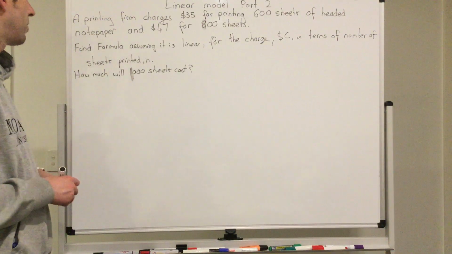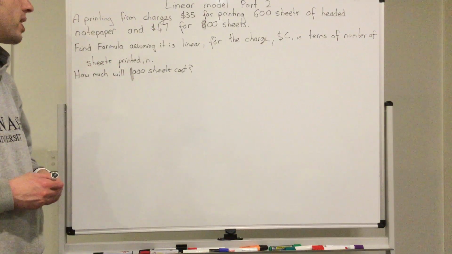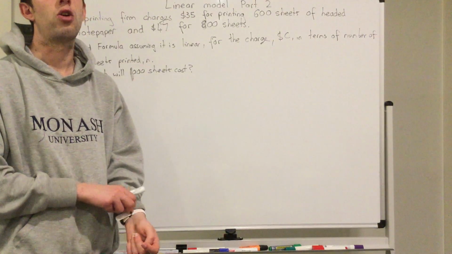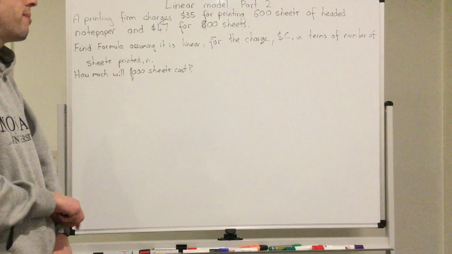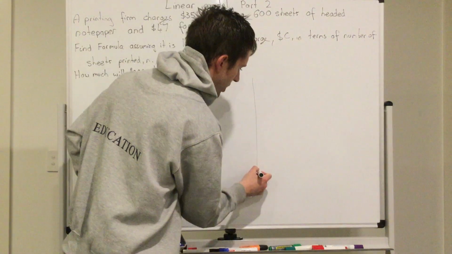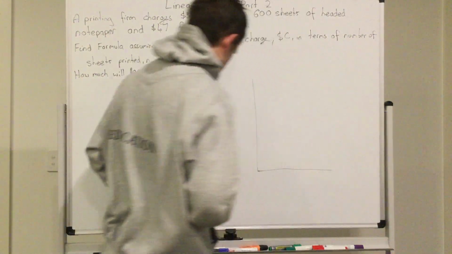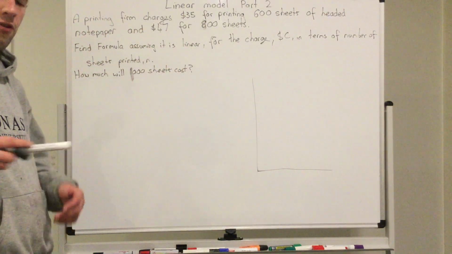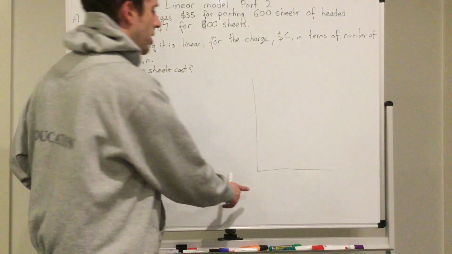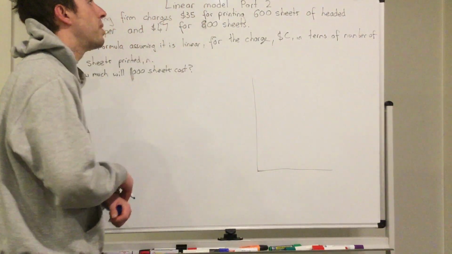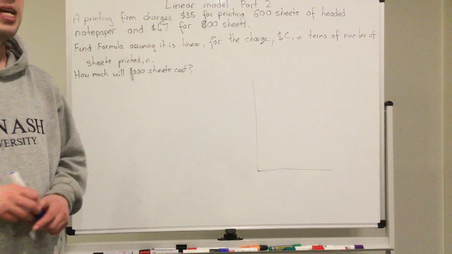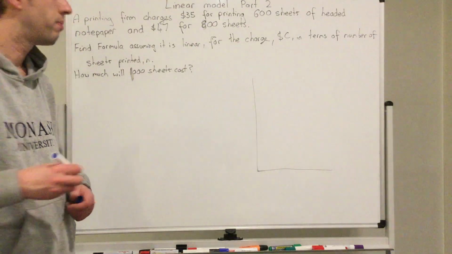800 sheets. First, we need to find the formula, assuming it is linear, assuming each page is a set cost. To do that, I'm going to draw a graph and plot my information. This part will be dollars, and this part here will be the number of papers.